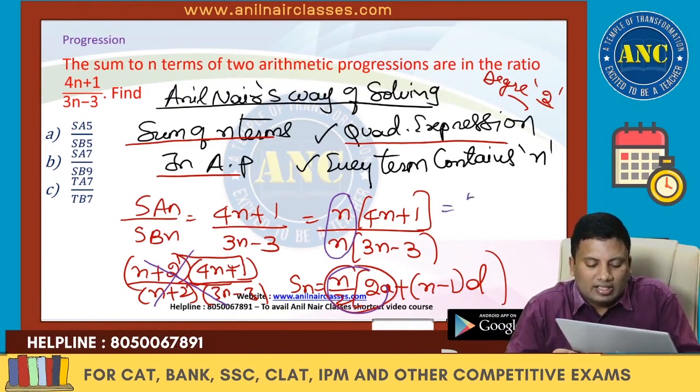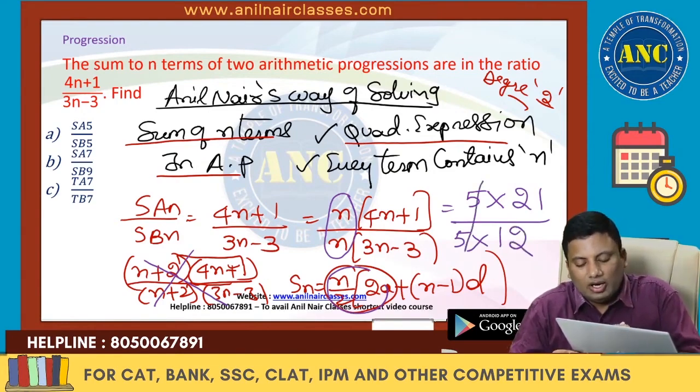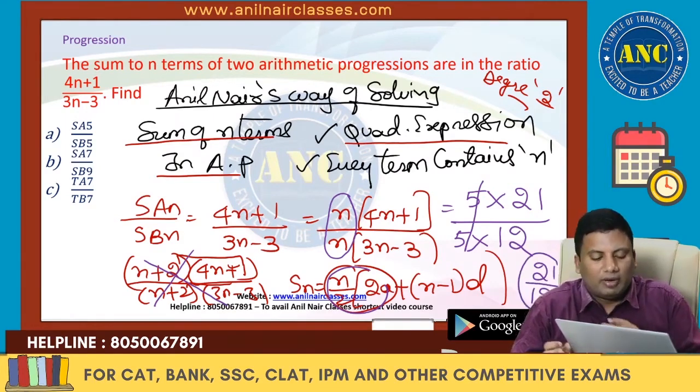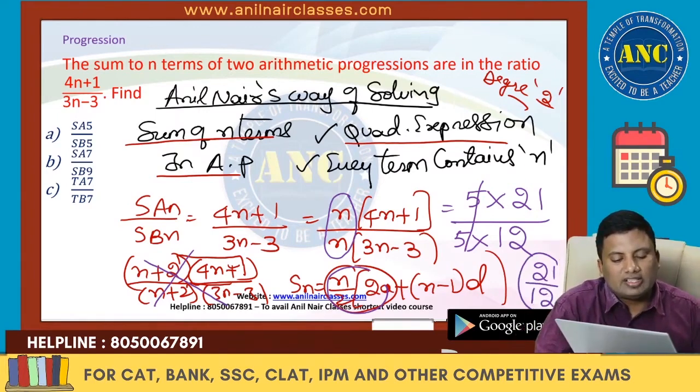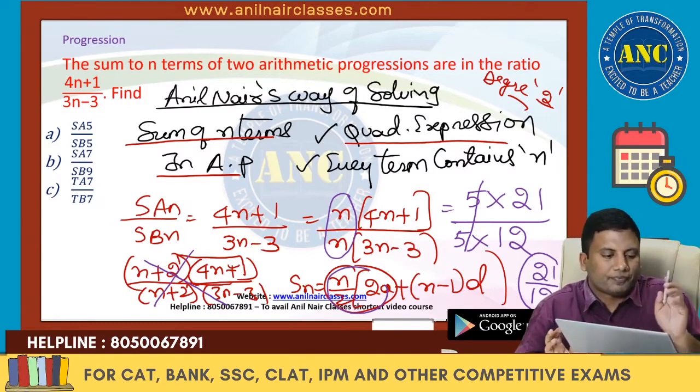So the answer is nothing but 5 into (4 into 5 plus 1), which is 21, over 5 into (3 into 5 minus 3), 15 minus 3, which is 12. So the answer for the first question is 21 by 12. SAn by SBn is n into (4n plus 1) by n into (3n minus 3), with n value 5.